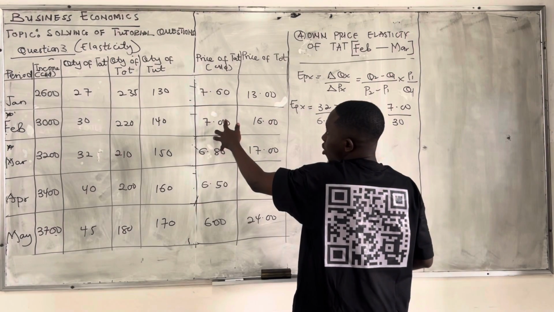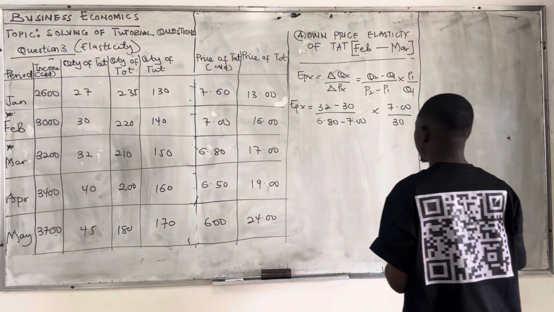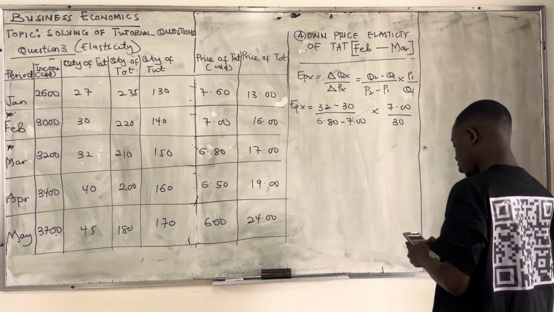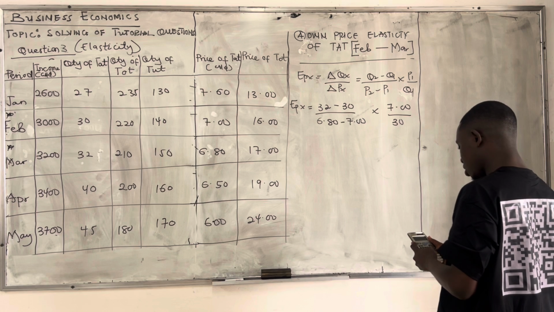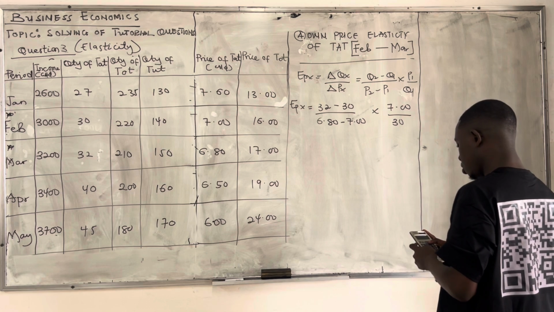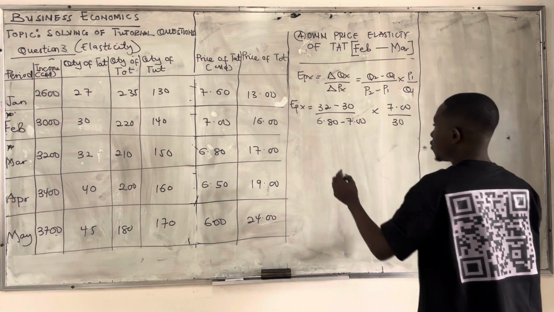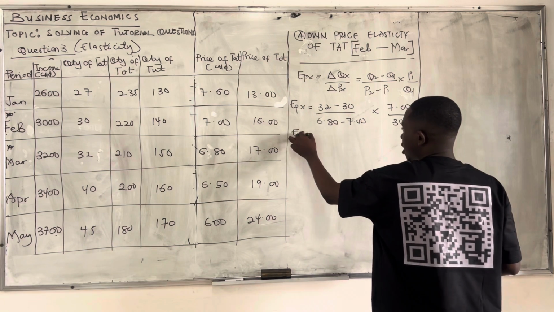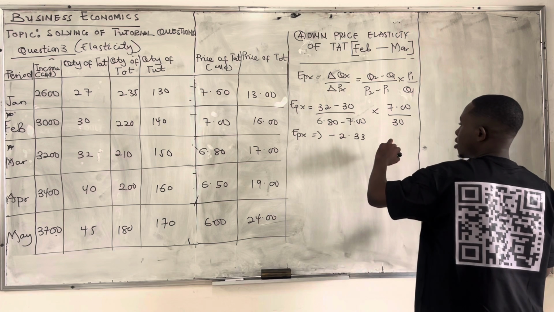So 32 minus 30 divided by 6.80 minus 7.00, times 7.00 divided by 30. We have EPX equal to minus 2.33.